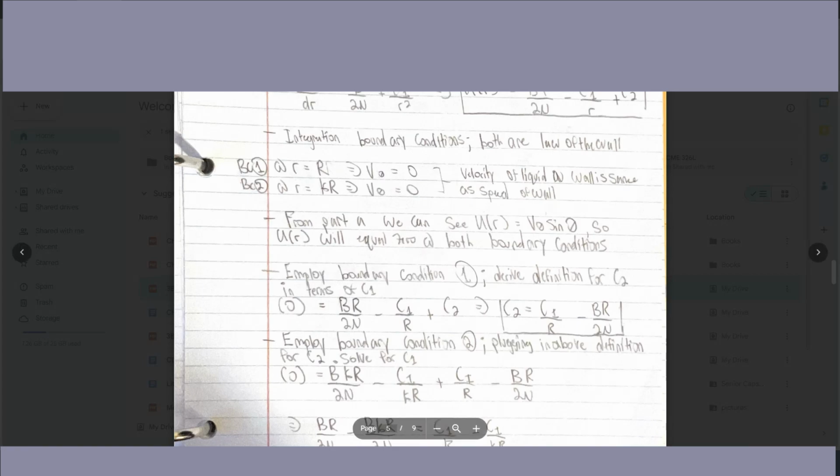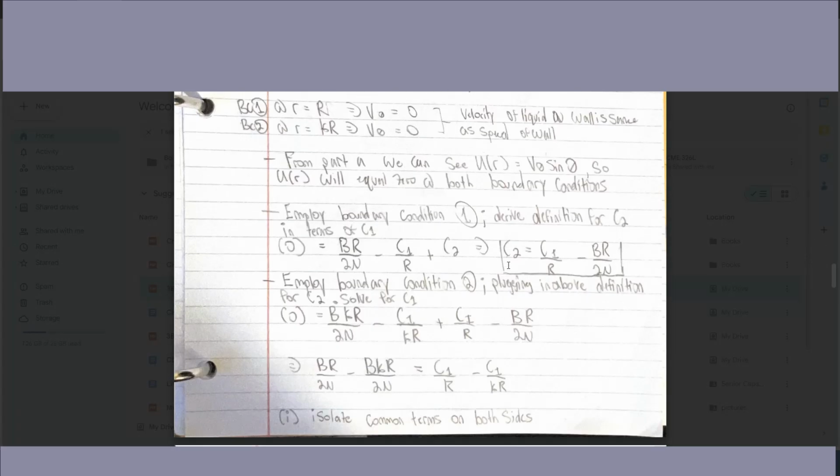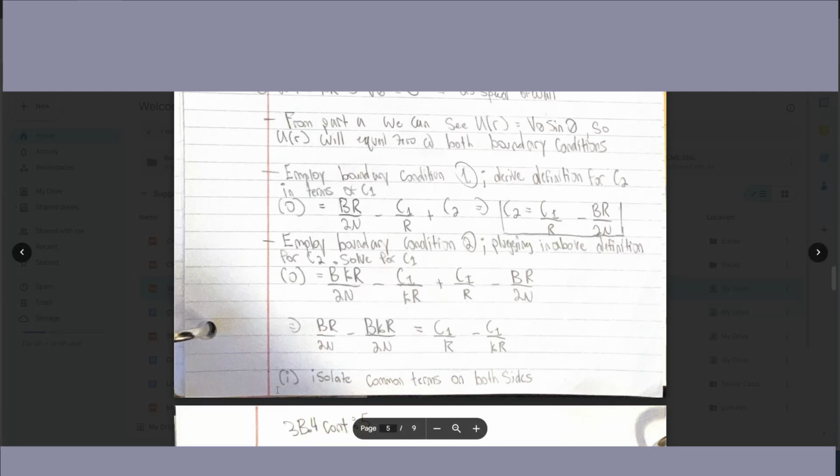Same thing, you just plug in KR for this equation up here, and you set this equal to 0 again because this expression is 0 for both boundary conditions. Solve for this equation, and then we plug in C2.